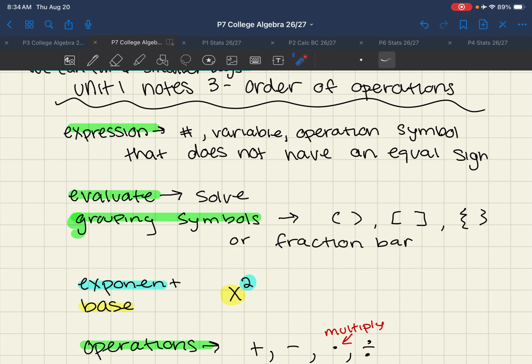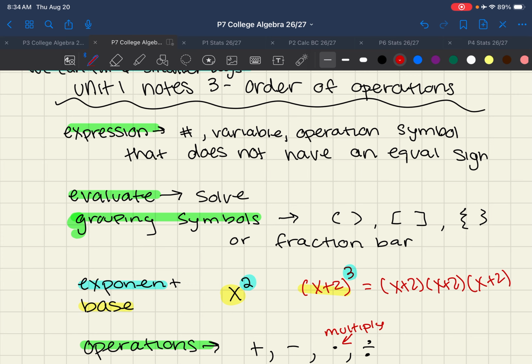So for example, if I was to have (x + 2) cubed, the base would be x + 2, and the 3 would be my exponent. And this tells me to write x + 2 three times. So (x + 2)(x + 2)(x + 2).